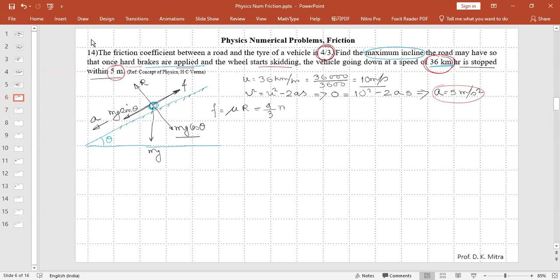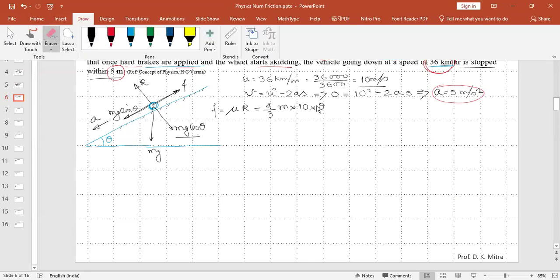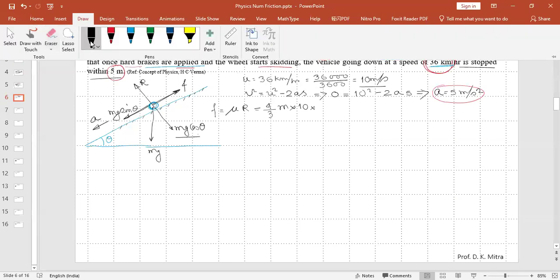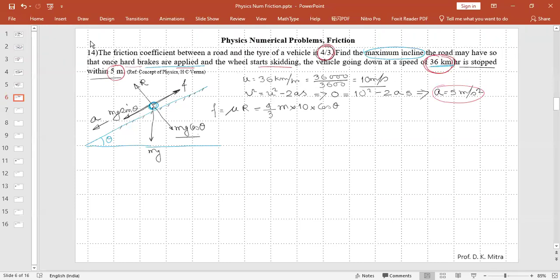So, sorry, not tan, mg cos theta. So it is 4 by 3 times mg cos theta.